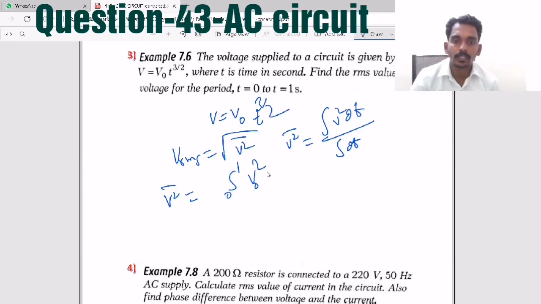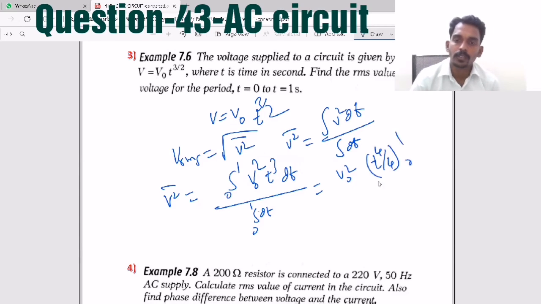So V square means V naught square t cube dt, divided by the time duration, which is integration dt from 0 to 1. V naught square is constant. Integration of t cube dt is t power 4 by 4, from 0 to 1.